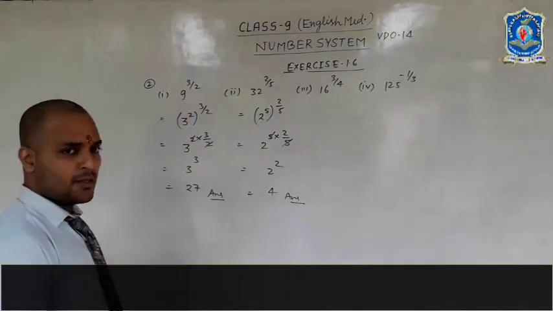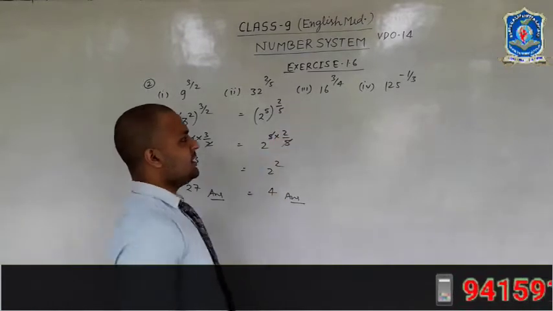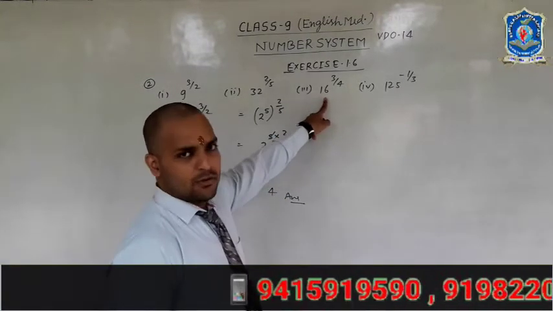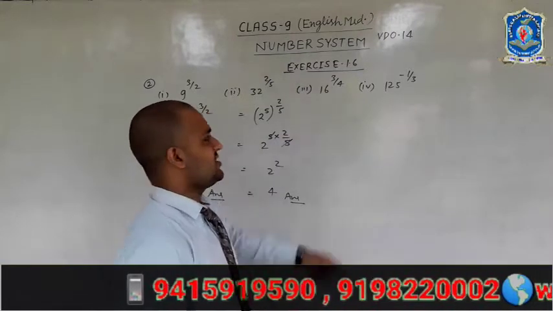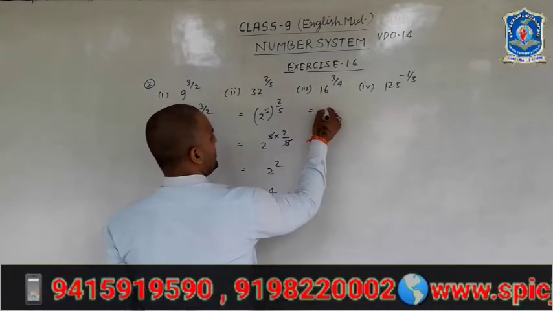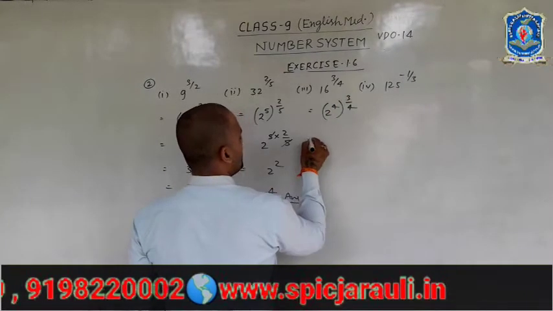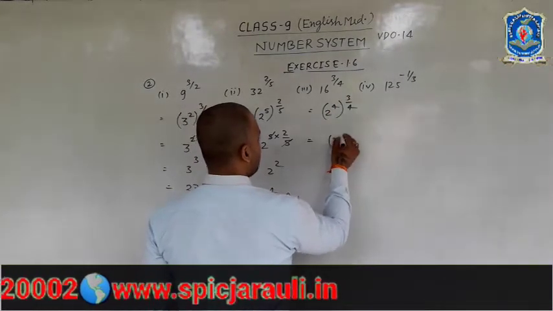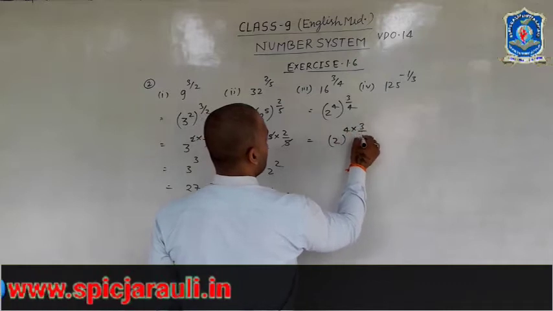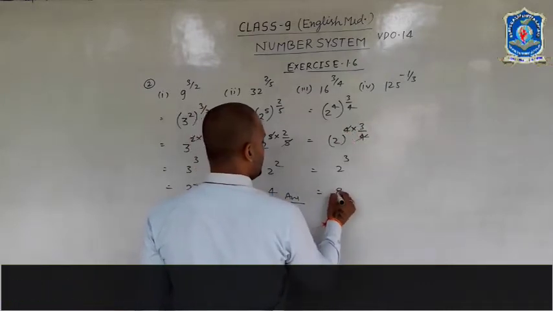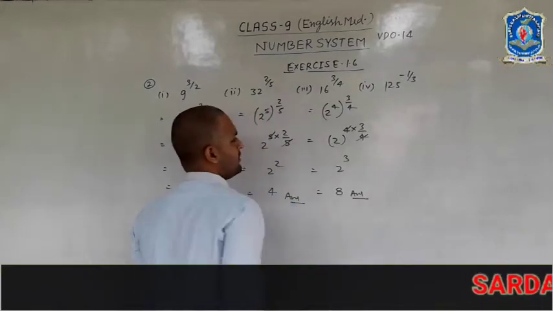Okay. Now the third question: 16 can be written as 2 to power 4, since 2 twos are 4, 2 fours are 8, 2 eights are 16. Then that will be 2 to power 4, to whole power 3 upon 4. Applying laws of exponents, that will be 4 into 3 by 4, the 4s cancel, 2 to cube, that will be 8, the answer.